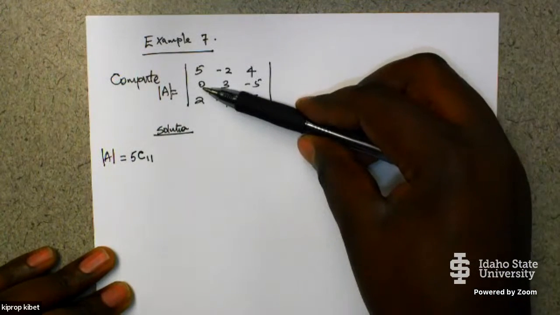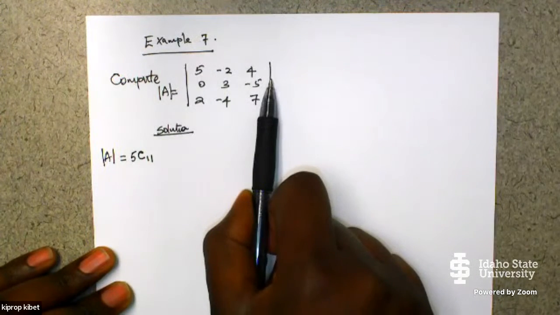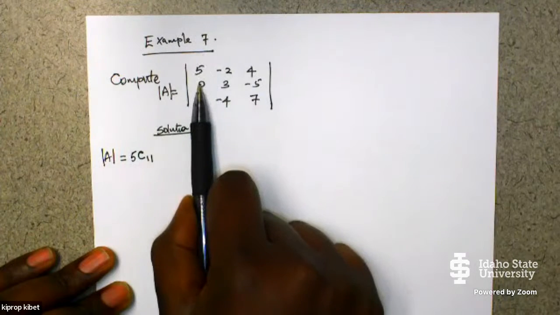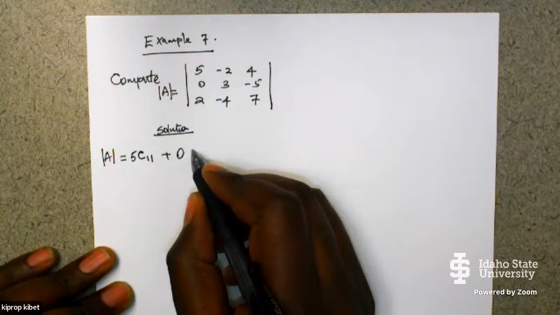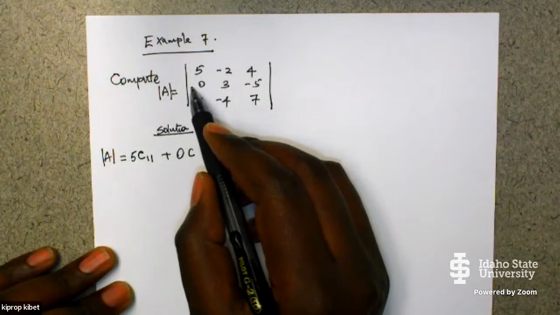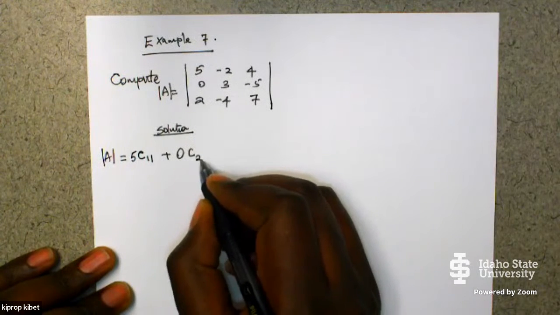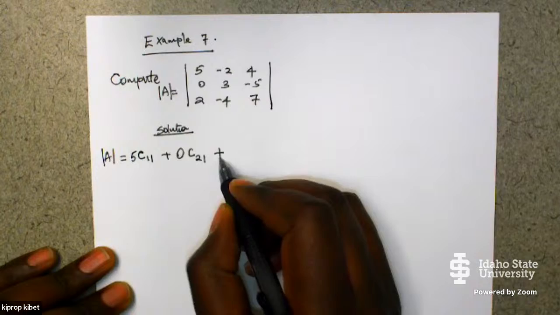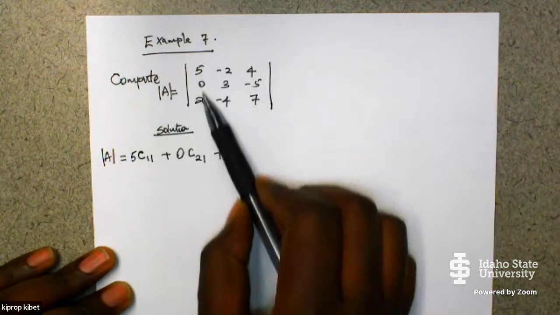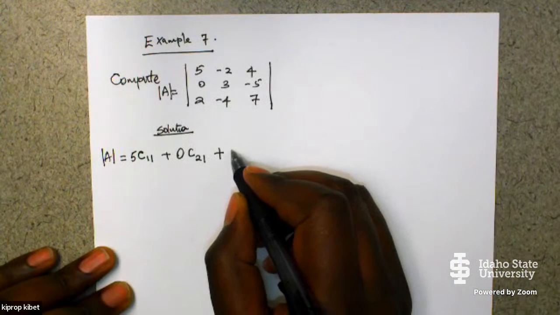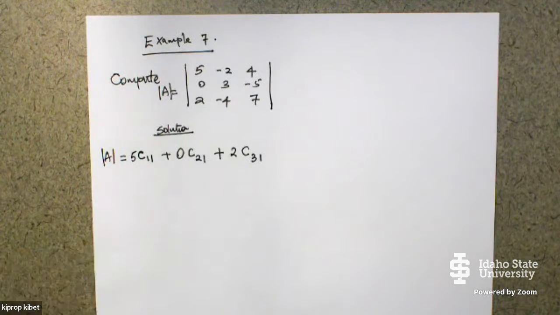Then we come to the second one. When we delete the second row and the first column, it will be plus 0 C21. And then plus, since we are deleting the third row and the first column, it will be 2C31.